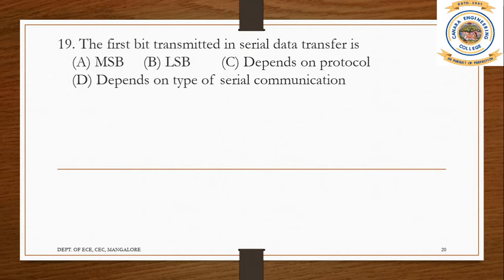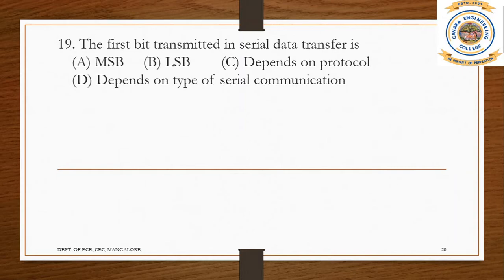Now in serial data transfer, which will be the first bit transmitted? This is a common question. Whether it is MSB, that is most significant bit, LSB, least significant bit, or whether it depends upon protocol, because there are so many serial communication protocols, or whether it depends on type of serial communication, because in serial communications you have synchronous, asynchronous, again synchronous divided, asynchronous divided.